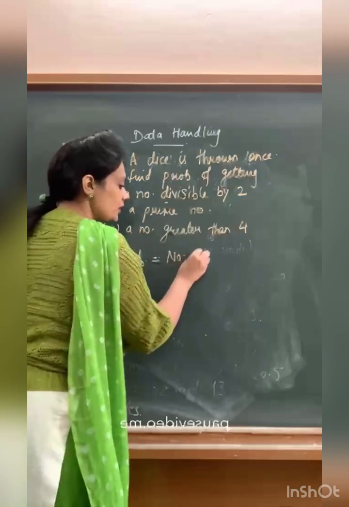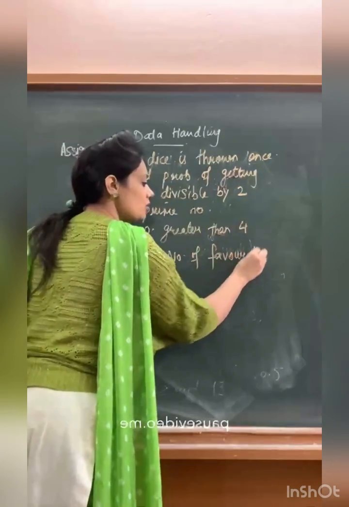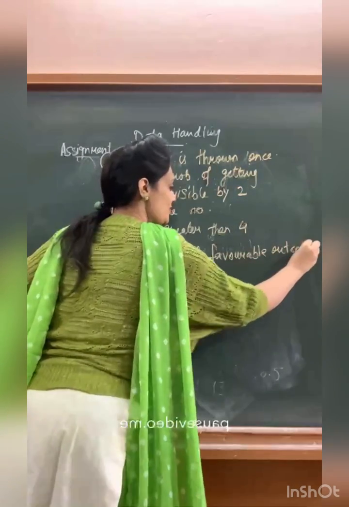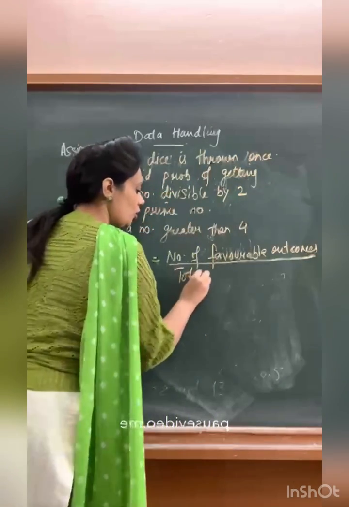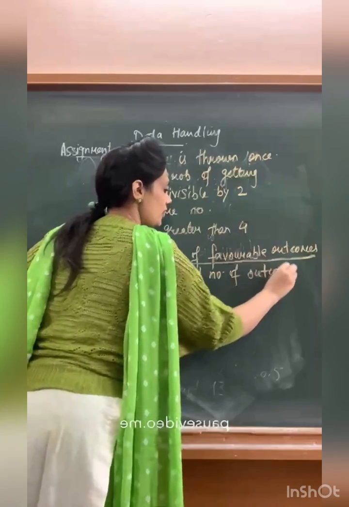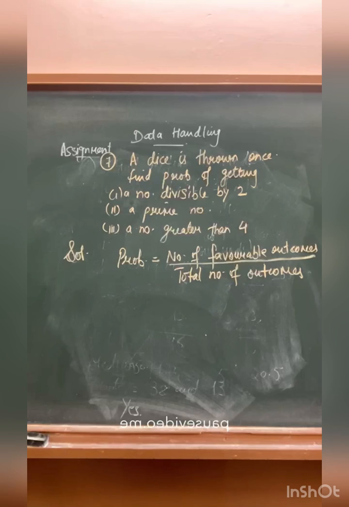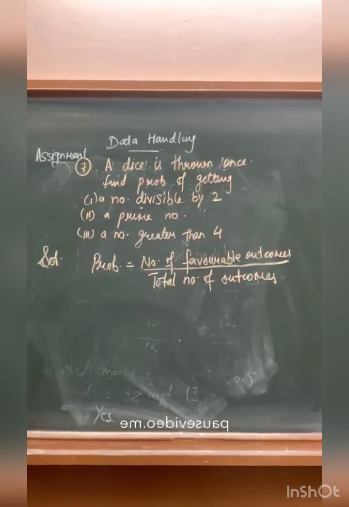Probability is number of favorable outcomes over total number of outcomes. Right? So probability is number of favorable outcomes over total number of outcomes.